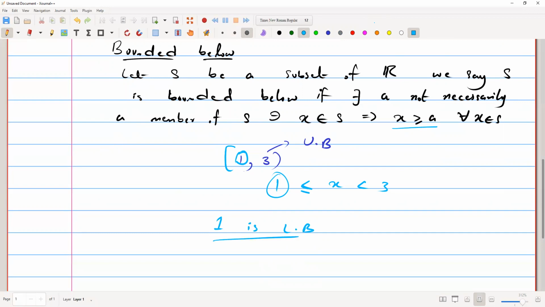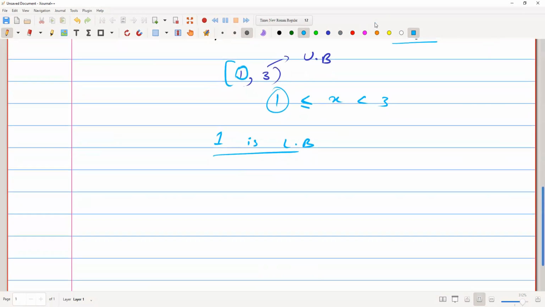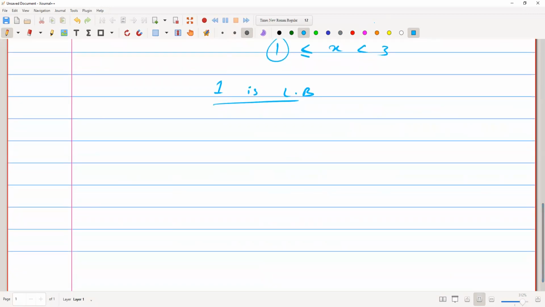So this is the lower bound of the set. And then we have the definitions for least upper bound, which we call supremum, SUP, supremum.